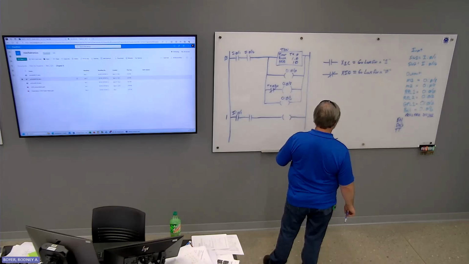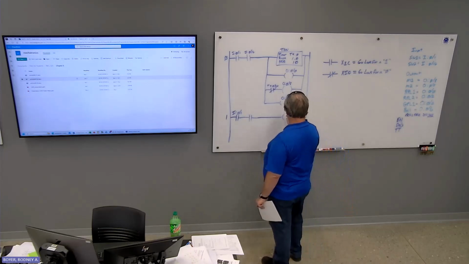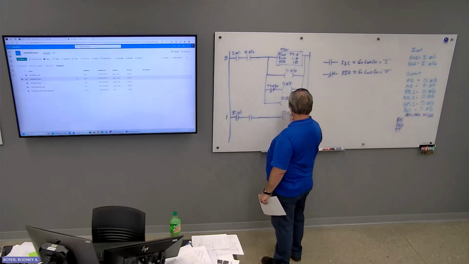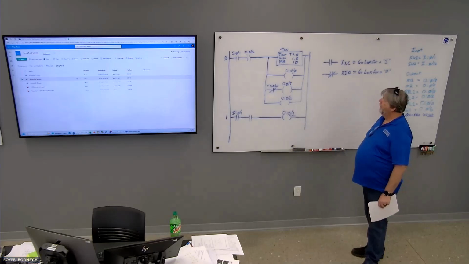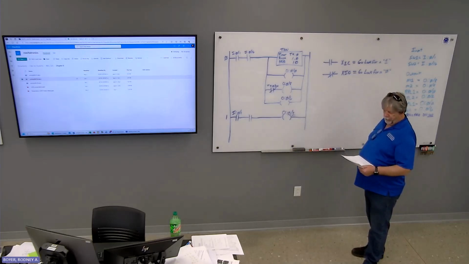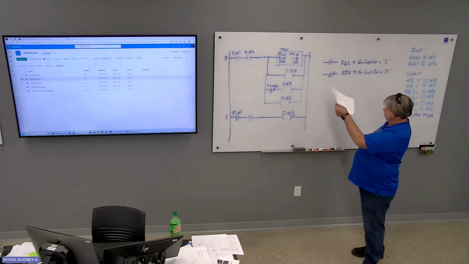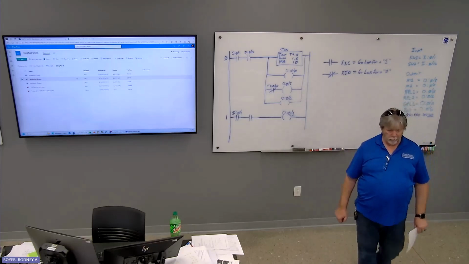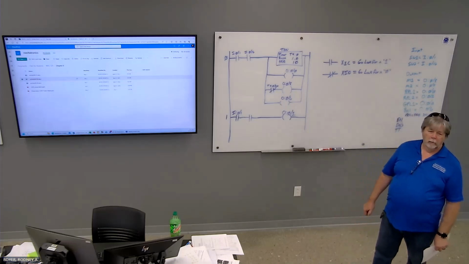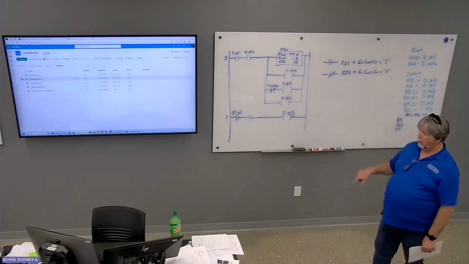Okay, red pilot 2, that is up at 01. So after 10 seconds, timer 4 done, right? Do I want XIO or XIC?